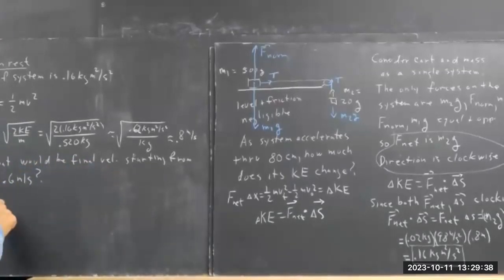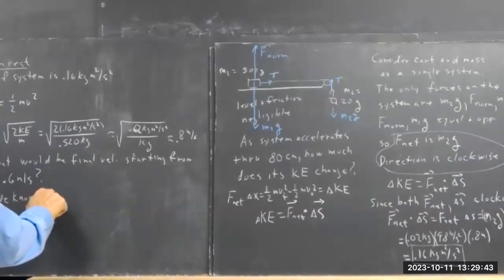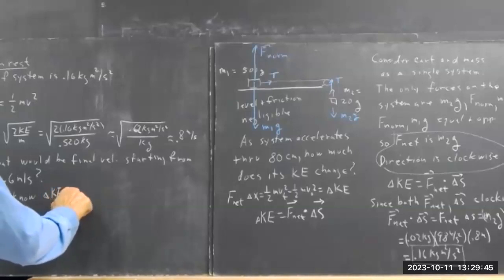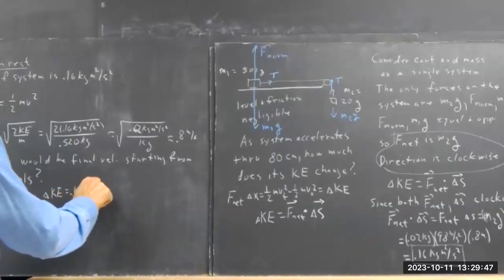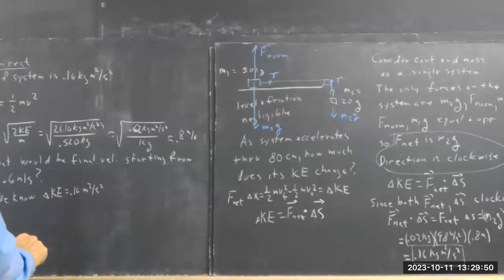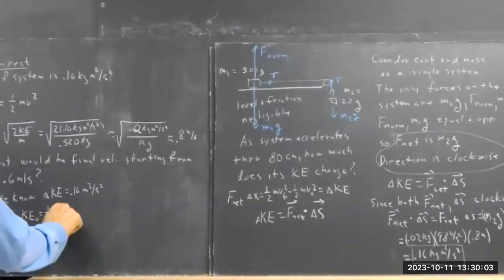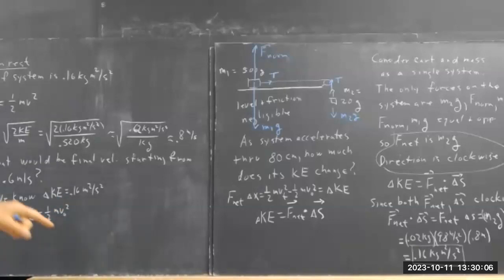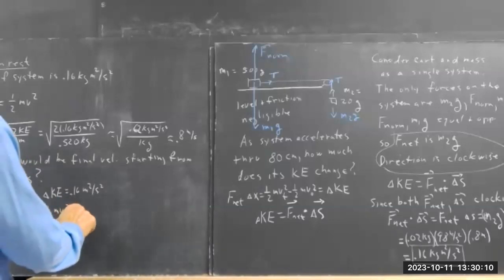What do we know? We want to find the initial kinetic energy, which we could symbolize as 1/2 mv naught squared.